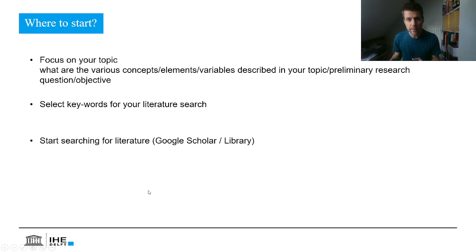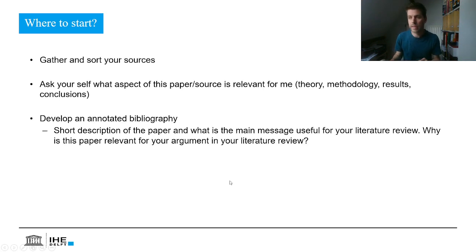Then you have entered some of those keywords in, most likely, Google Scholar, and then there is a whole list of sources that are popping up within a fraction of a second. Start first scrolling a bit through the titles that appear. And what are the titles that start resonating with you?